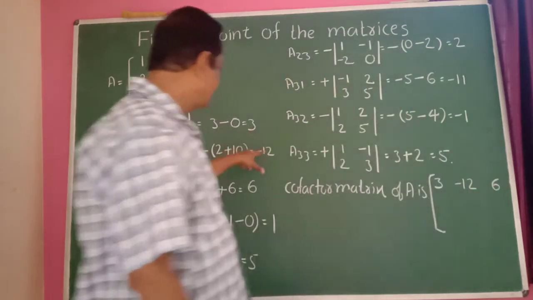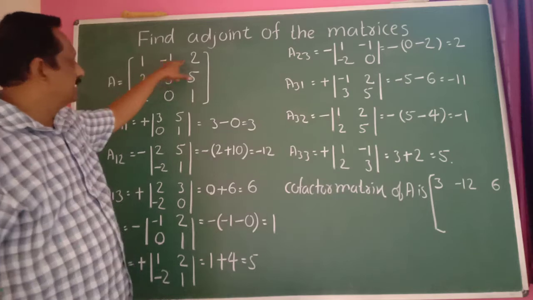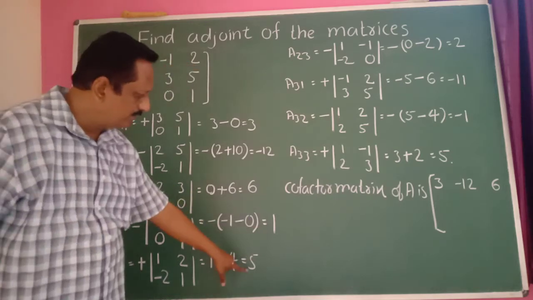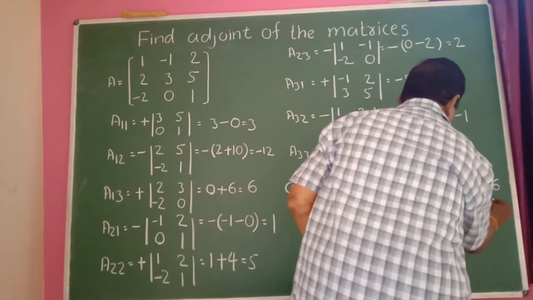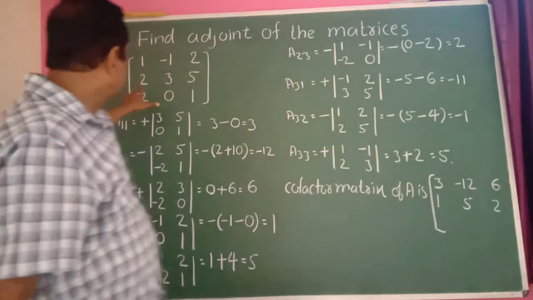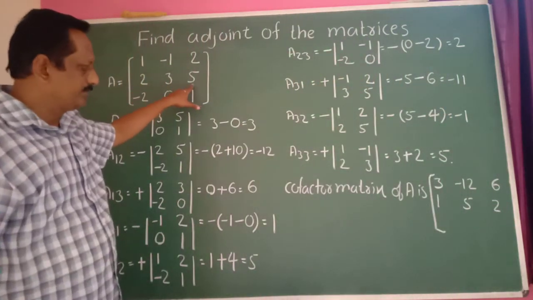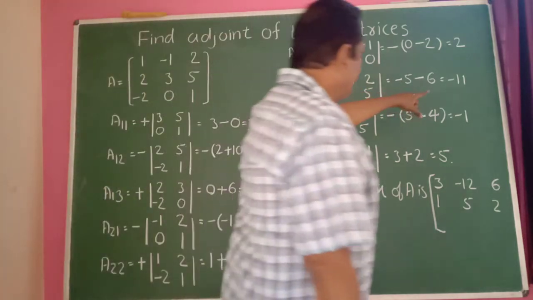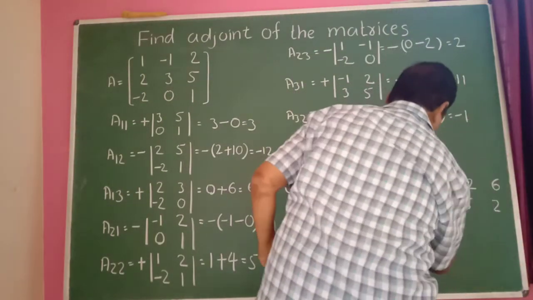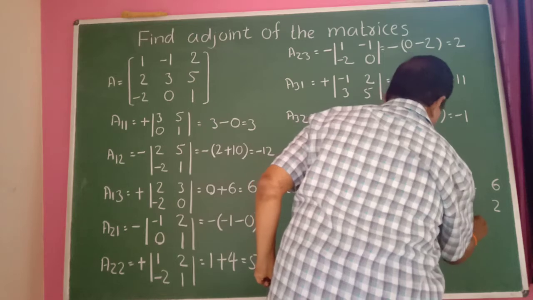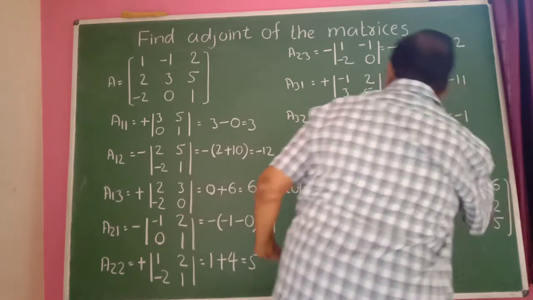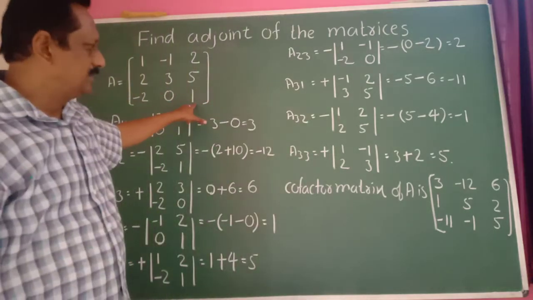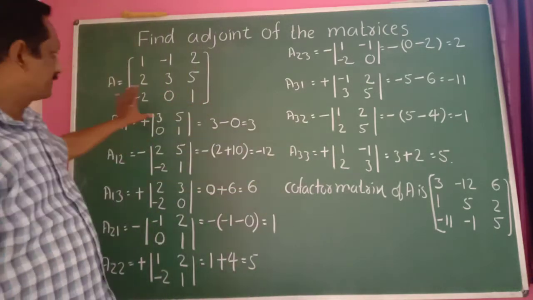These three are the cofactors of these three elements. 1, 5, 2. These are the cofactors of these three elements here. Then minus 11, minus 1, plus 5. So these are the cofactors of these elements here. Therefore this is the cofactor matrix here.